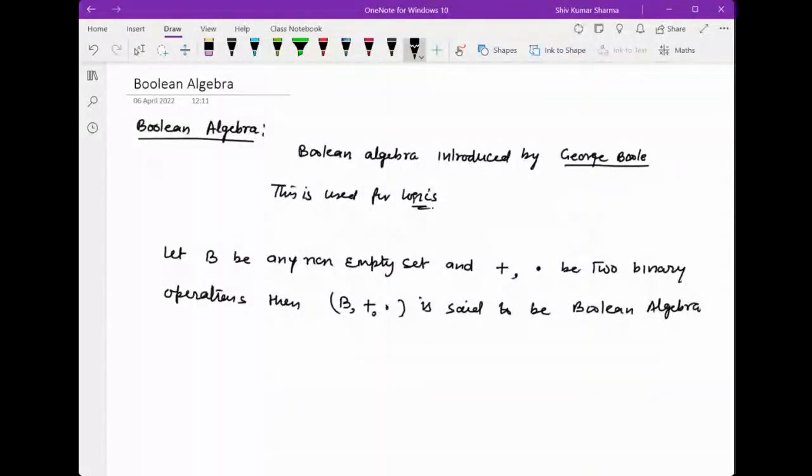It is said to be a Boolean algebra if it satisfies the following properties.